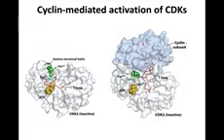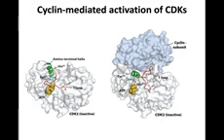When cyclin binds, now this is the cyclin subunit that binds CDK2, it forces conformational changes that move the T loop away from the active site and reorient an amino terminal helix, shown in green, which results in bringing a residue critical to the catalysis into the active site, and that residue is glutamate 51.